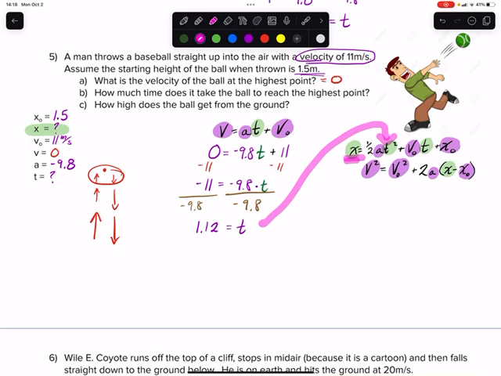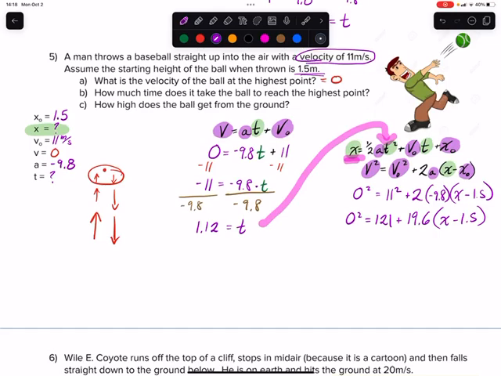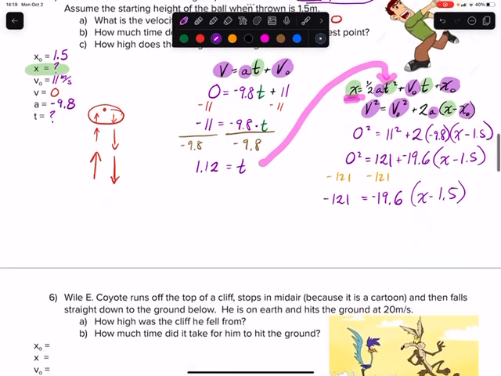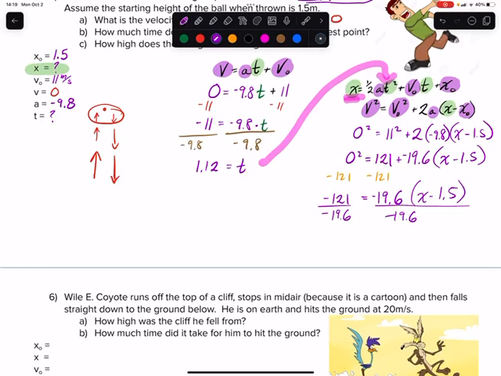Or I can use the other one. I'm going to subtract 121 from both sides. I'm going to divide both sides by 19.6. I get 6.17. And I get a final height of 7.67 meters.